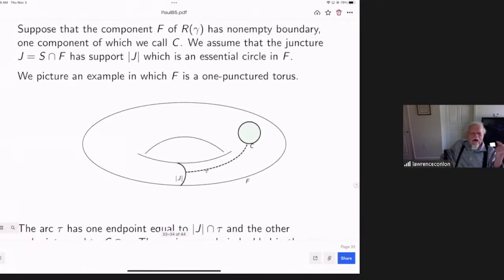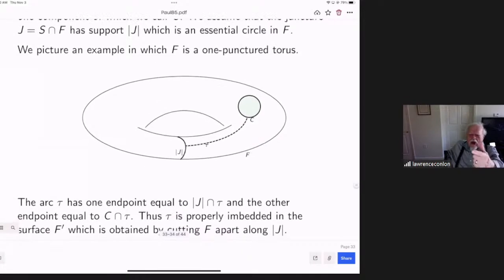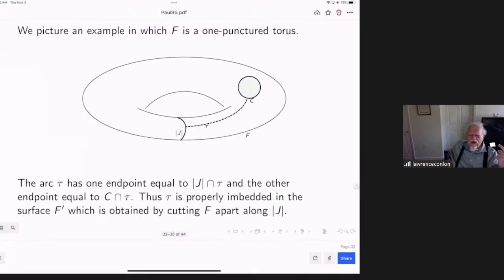So here's an example. Suppose that the component F of R gamma has non-empty boundary. One of the components is C. We assume that the juncture has support, which is an essential circle. Here, F is a one punctured torus. The support of the juncture and the boundary of the torus, C, are pictured.